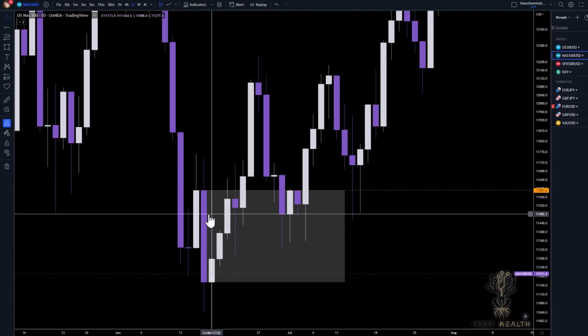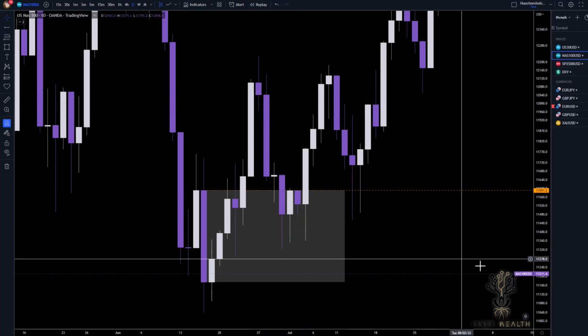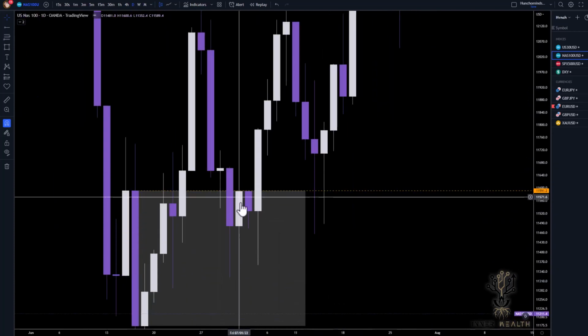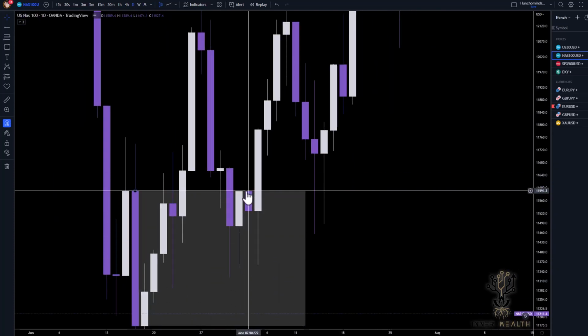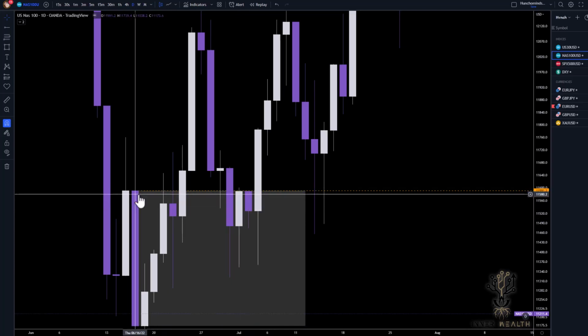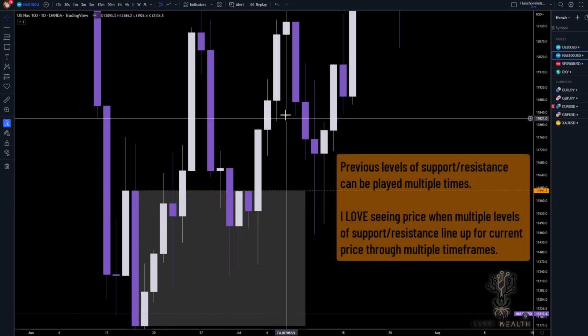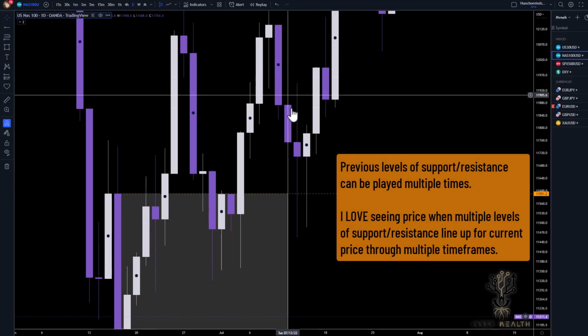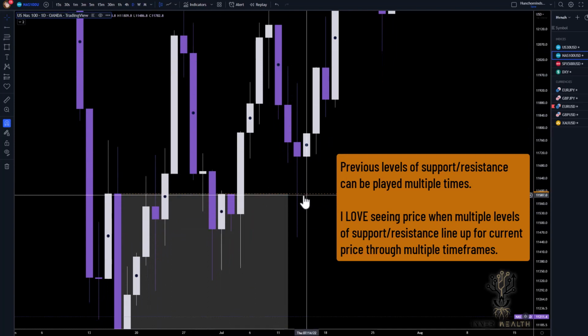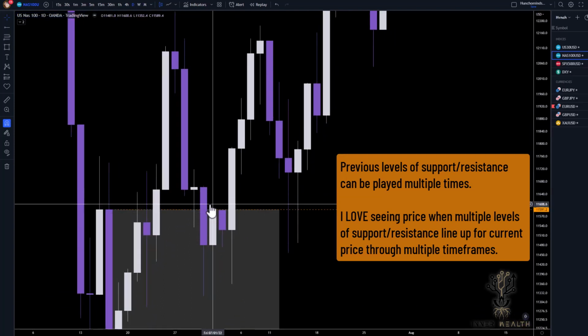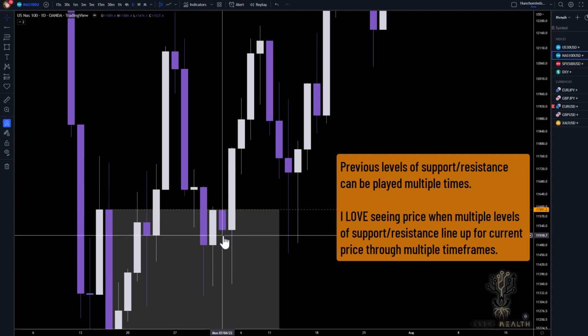So we trade above it, come back down into it, and notice this down push here. Do you guys notice how this order block lines up perfectly with our previous open? We trade above it, we trade back into it here. Notice that.